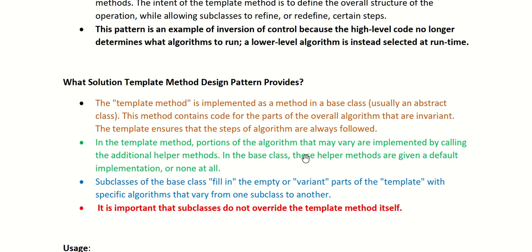Even if the underlying data store is changing, establishing the connection is the first step. So that is an invariant step, whereas connecting to any kind of database is a variant step, so that can be implemented by the subclasses. Just remember, these are the two main solutions that the template method design pattern provides.